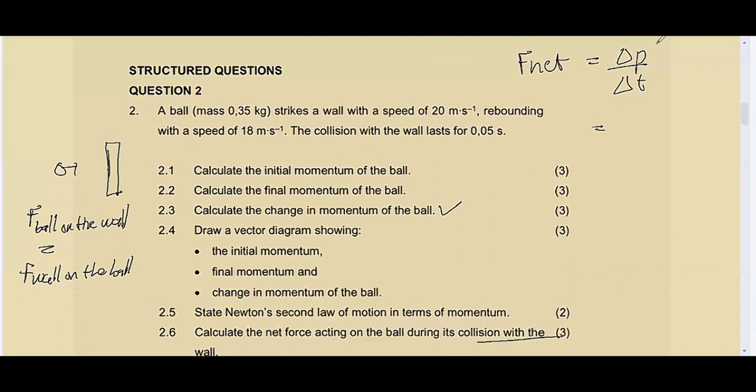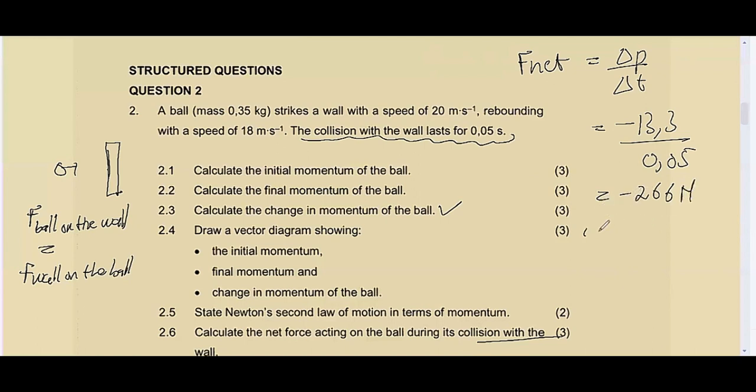To calculate that, remember our change in P was negative 13.3, and our change in t is 0.05. When we read here, they say the collision with the wall lasted 0.05 seconds. So negative 13.3 divided by 0.05 gives us negative 266 newtons.